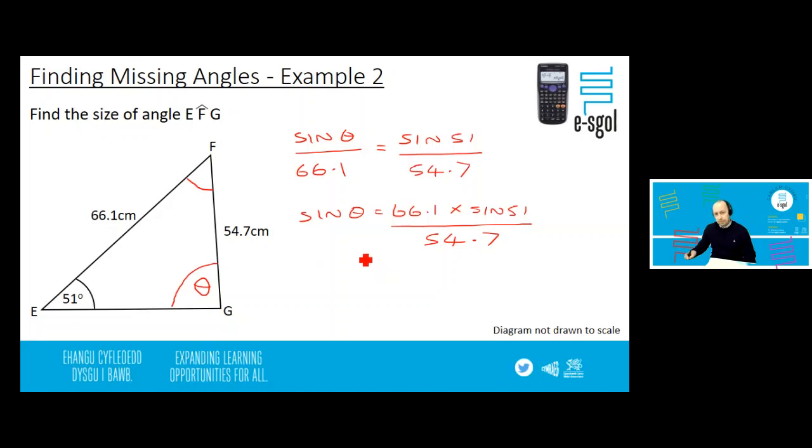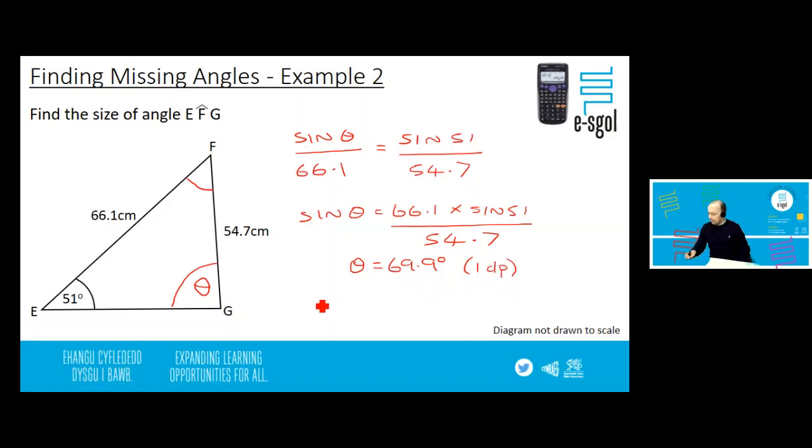And then, of course, I'm going to press sine to the -1. So sine to the -1 is going to get me the answer that I want. And theta is, let's have a look, 69.6 degrees. So 69 point, my apologies, it's 69.9 degrees. And that is to 1 decimal place.